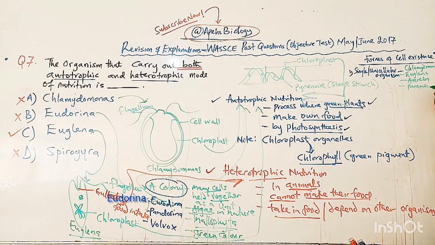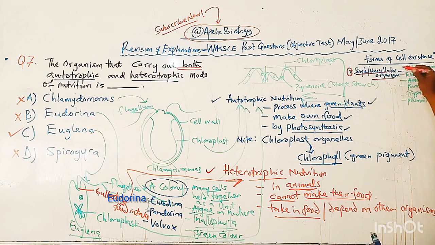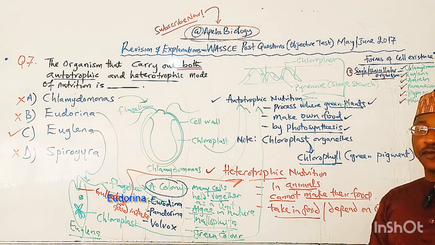These are organisms that exist as single units. They are just unicellular. Even trypanosome, even plasmodium. You see what we are unleashing here? These are cells that exist as single unicellular organisms: Chlamydomonas, Euglena, amoeba, paramecium, trypanosome, plasmodium. Don't get it confused, okay?